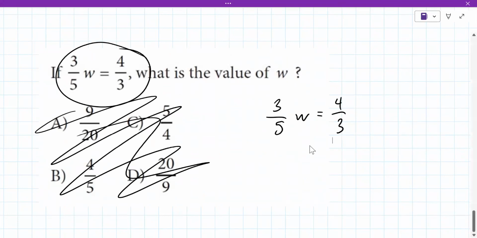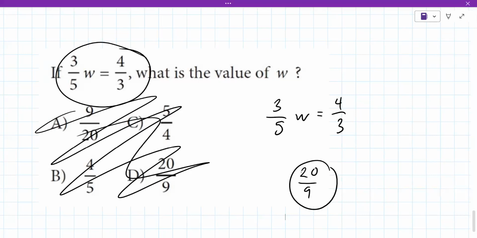If it's on a screen, you can't do that. But I'll let you try this one and see what you come up with. Is it D? It is D, yes.